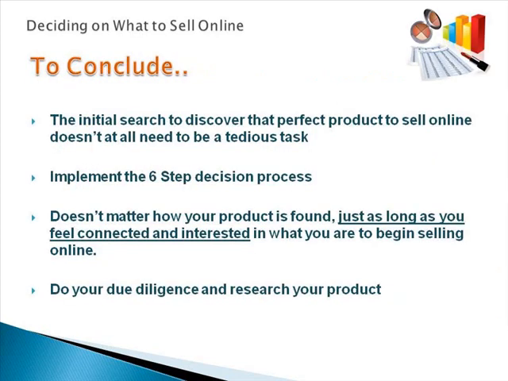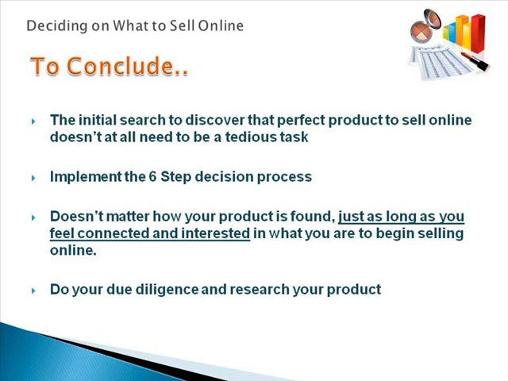Coming now to the conclusion of this chapter, we want to keep in mind that the initial search to discover that perfect product to sell online does not all need to be a tedious task. By researching in the right areas and via the suggested websites online, you'll have your desired product narrowed down in no time.